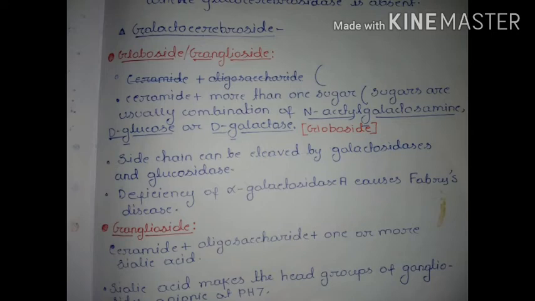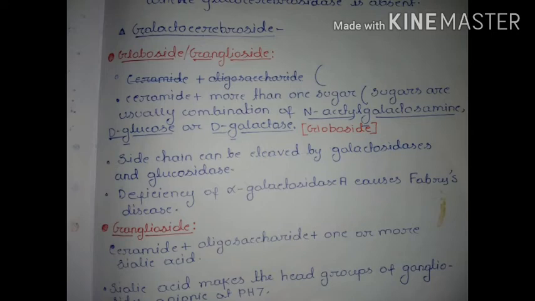Receptors for which? Receptors for pituitary glycoproteins. Some examples of pituitary glycoproteins are luteinizing hormone, LH, or FSH, follicle stimulating hormone. Those are pituitary glycoproteins.